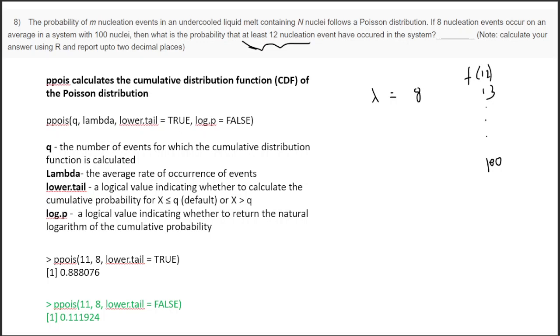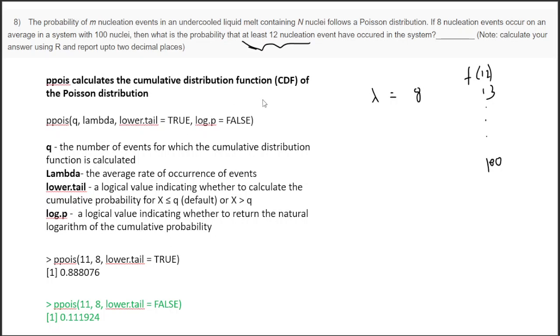One second, let me check the question again. Okay, so they have asked for at least. So we have to take the range above 11.